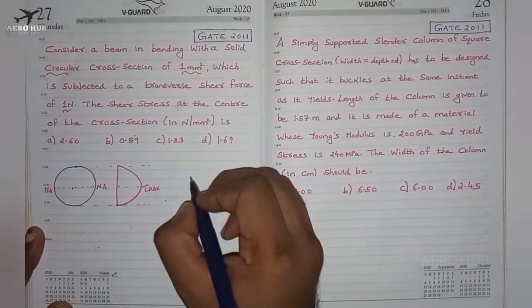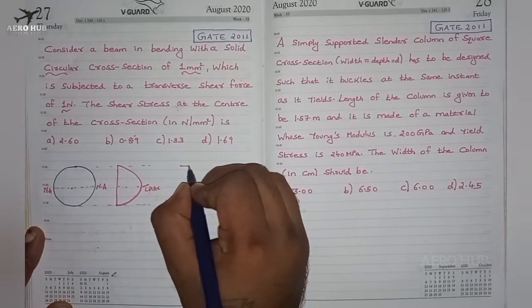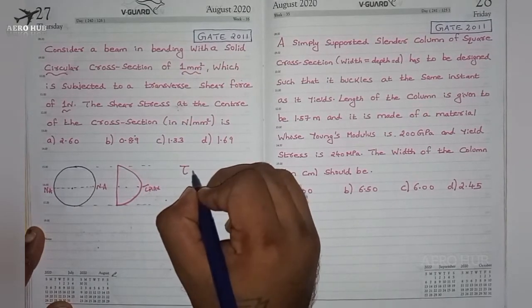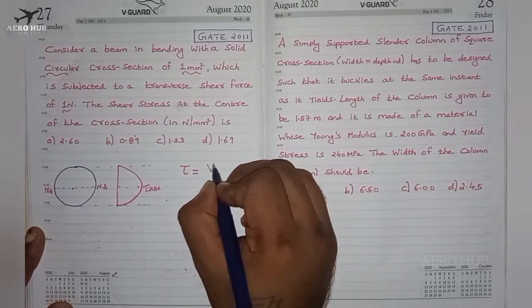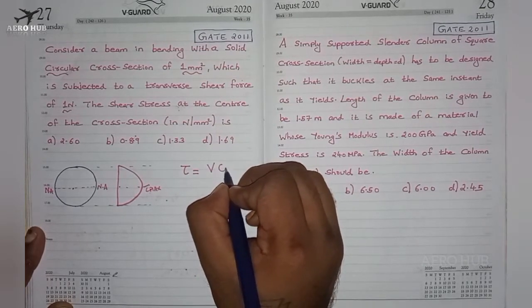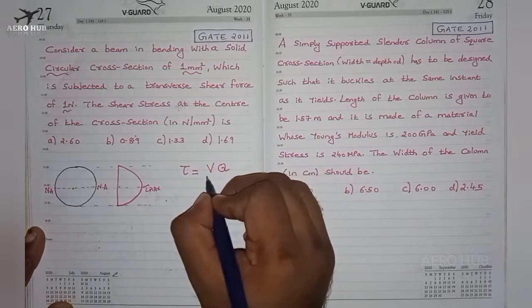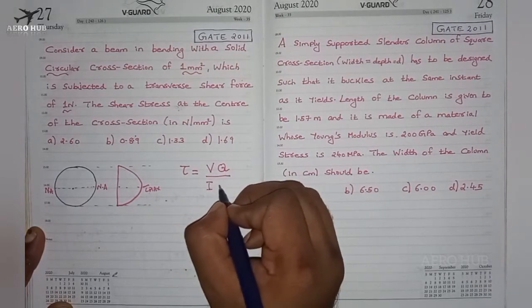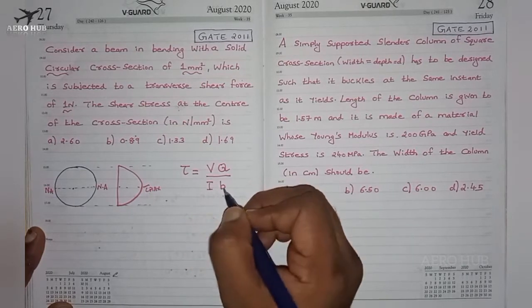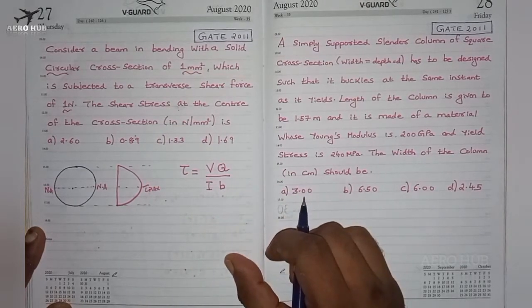And we have a formula to find out the value of shear stress. This is the general formula: tau is equal to VQ by IB, where V is the shear force, Q is the first moment of area, I is the moment of inertia, and B is the thickness. This is the formula we use to find the shear stress for any section.